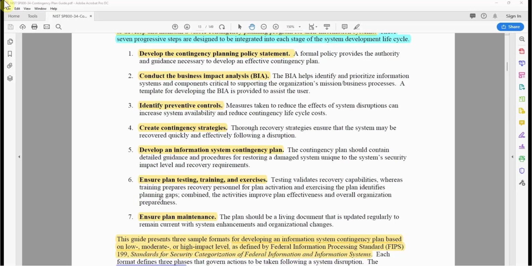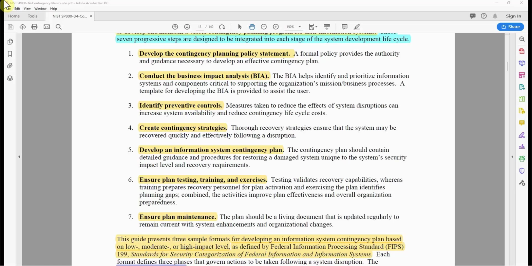Number 6, ensure plan testing, training, and exercises. Testing validates recovery capabilities, whereas training prepares recovery personnel for plan activation, and exercising the plan identifies planning gaps. Combined, the activities improve plan effectiveness and overall organization preparedness.